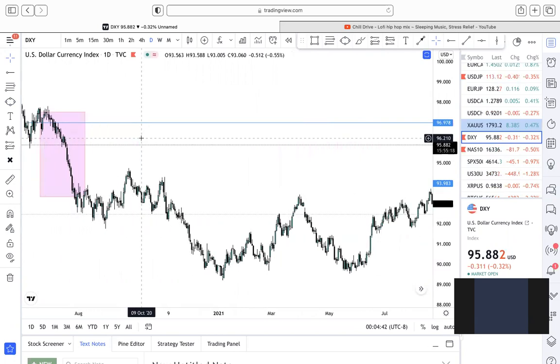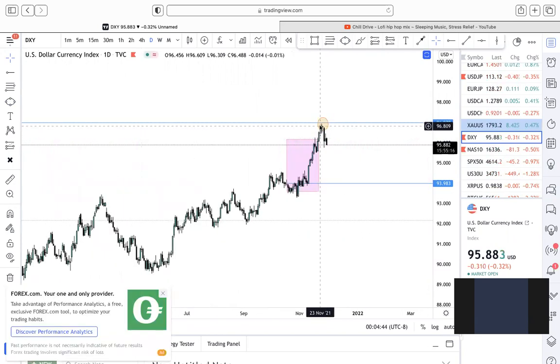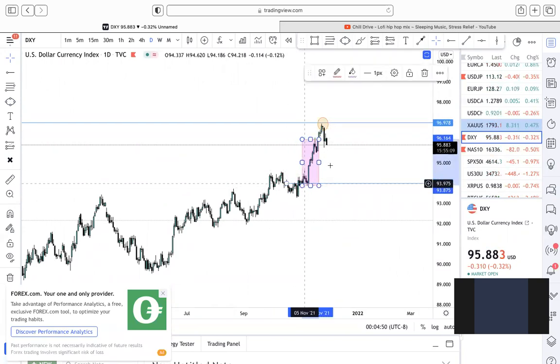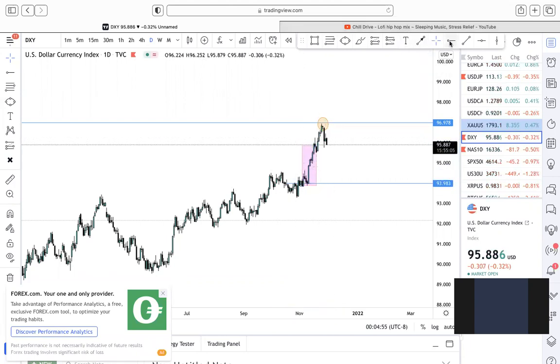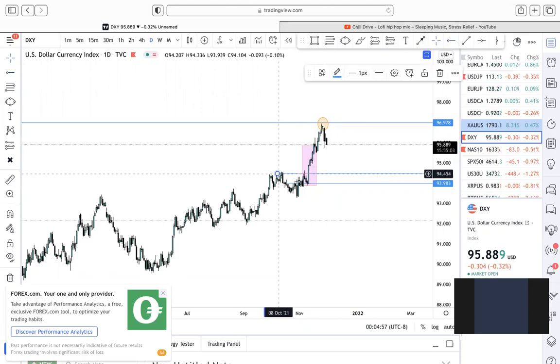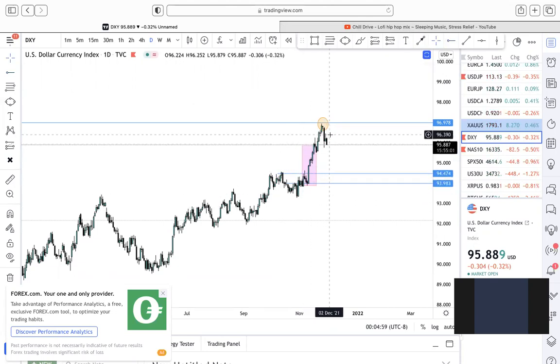We see it start retracing down into its imbalance area that we have here, right in this area where we broke through our equal highs. So market can now retrace down, come and test down here, and then start making this new impulse to the upside.